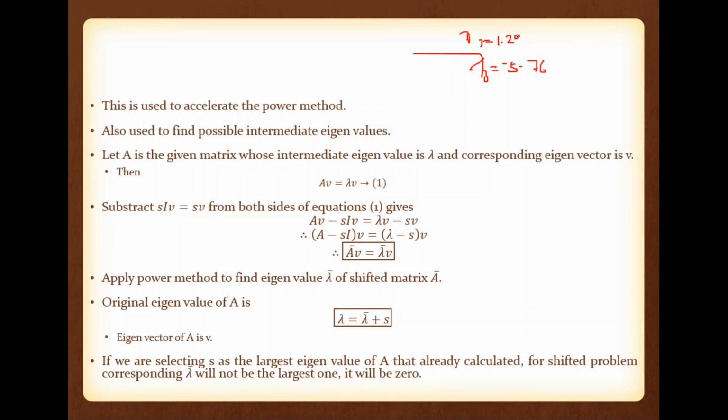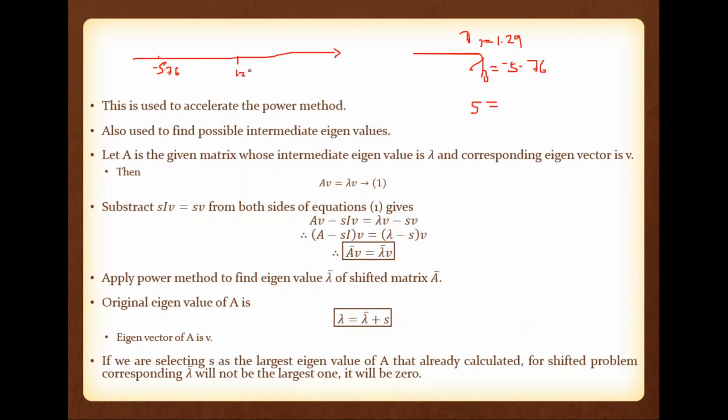So if you are selecting S equal to the largest one, first mark the lambda 3. So lambda 3 is somewhere here, minus 5.76. Okay. Lambda 2 is 1.29.